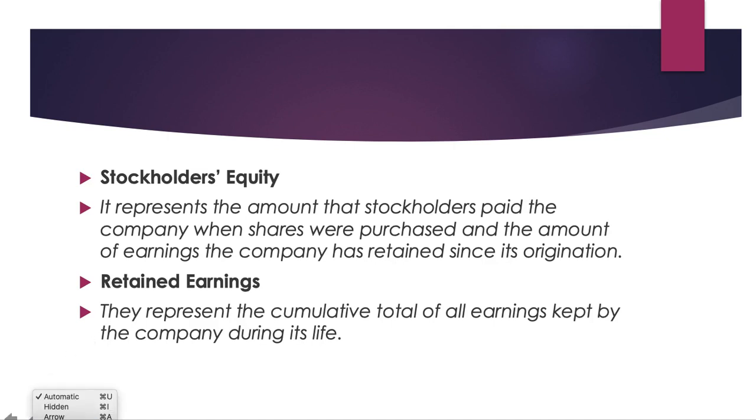The stockholders' equity represents the amount that stockholders paid the company when shares were purchased and the amount of earnings the company has retained since its origination. And then, as you see, the retained earnings are a cumulative total of all earnings kept by the company during its life.